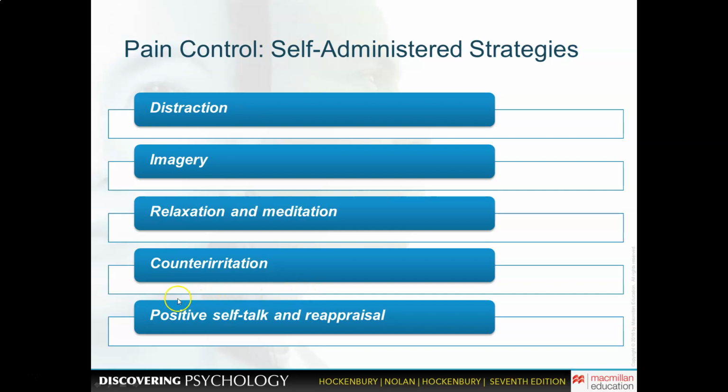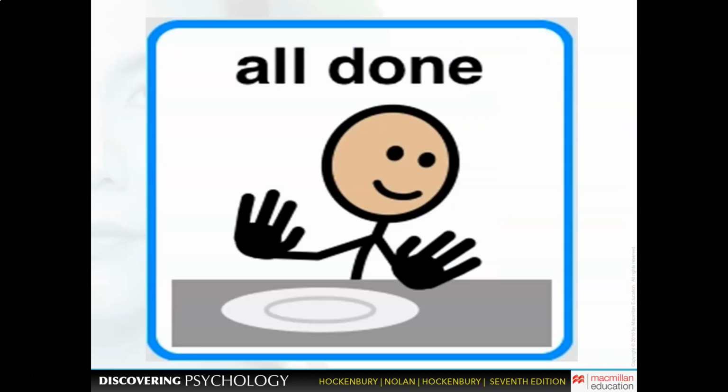And last but not least, positive self-talk and reappraisal. That just means saying, look, this isn't going to last forever. I've got this. I can get through this and I'm going to get better. Those are some examples. These might be some good topics to discuss in our discussion forums. You might discuss one of these or maybe another strategy that you employ.